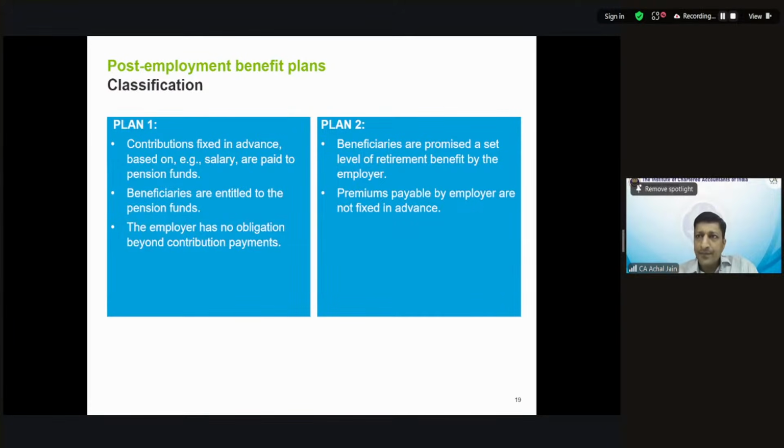Sir, will the defined benefit obligation be treated as an asset in case the employer doesn't invest and will just keep aside all the funds? Again, I'm not clear. Will the DBO be treated as asset in case the employer doesn't invest anywhere? He just holds the funds for the future payment of the liability of the employee. Okay, so you tell me one thing. What do you think about DBO?